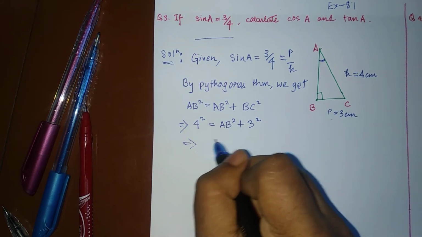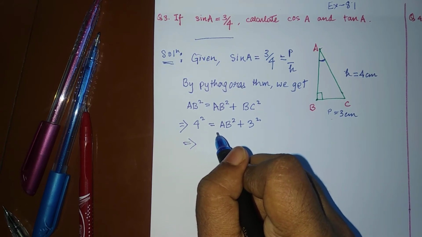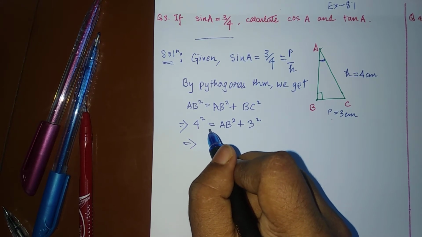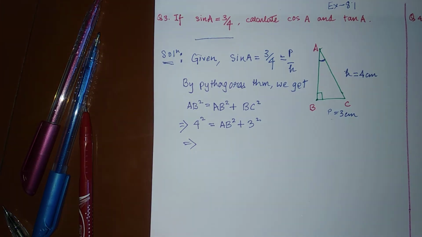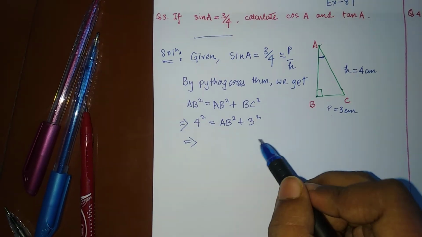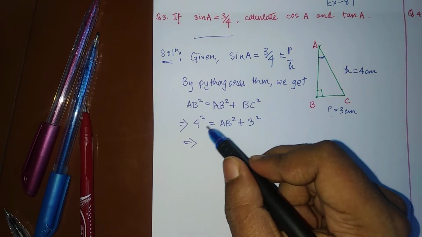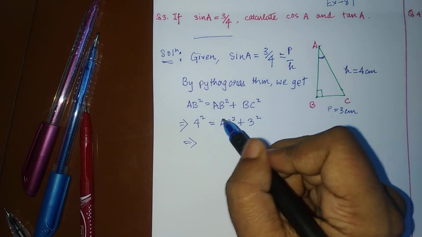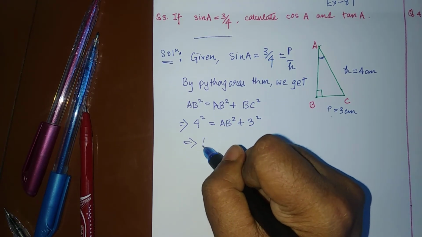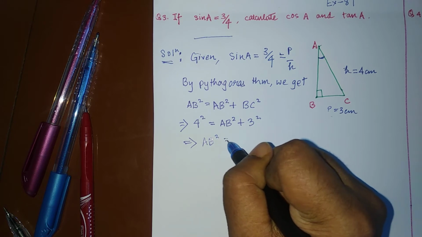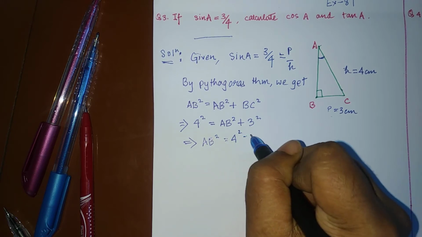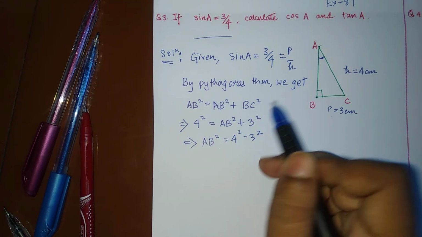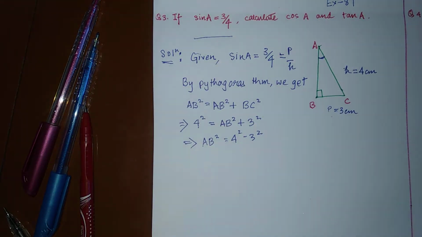Bring the AB square to the left hand side, change the side of the equation. We'll get AB squared is equal to 4 square minus 3 square by transferring the 3 square to this side, and we have just simply flipped the equation.